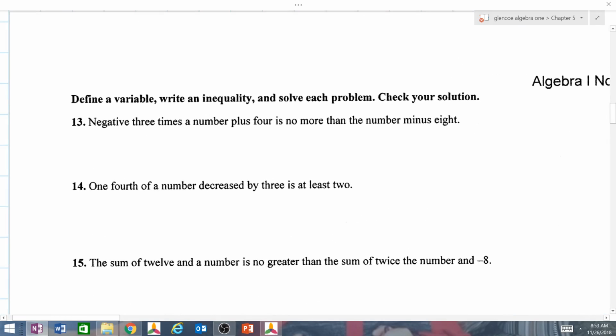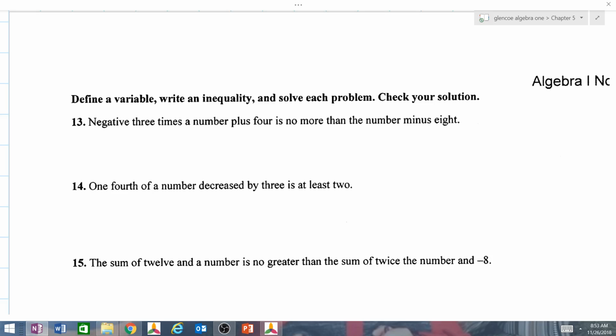So those of you who weren't here Thursday or Friday, you need to go make sure you look in 5.1. There was a chart which gave you the inequality symbols, less than, greater than, less than or equal to, greater than or equal to, and the different phrases and what they mean. So step number 1 is writing the correct inequality.